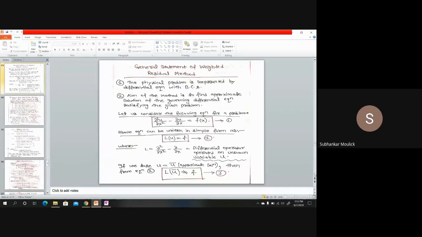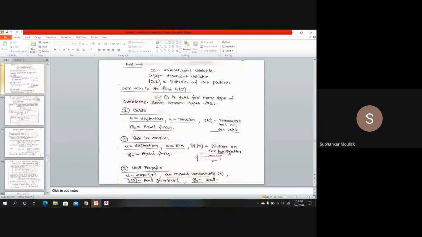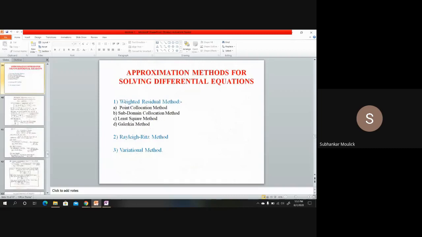Fine, fine. Now we are in a position to explain what is the weighted residual method. So let us discuss what is the weighted residual method.